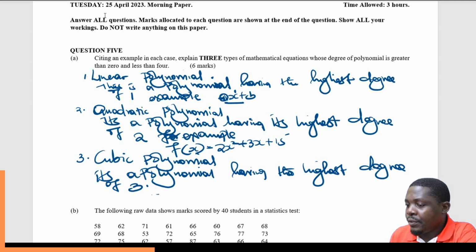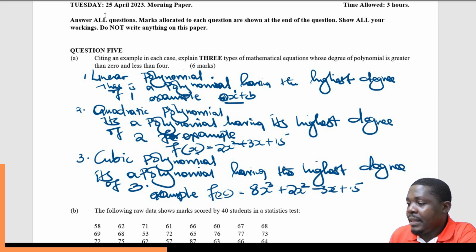Example, I use this particular function whereby f(x) is equal to 8x cubed plus 2x squared minus 3x plus 15. Now in this case, the highest is power 3 followed by 2.